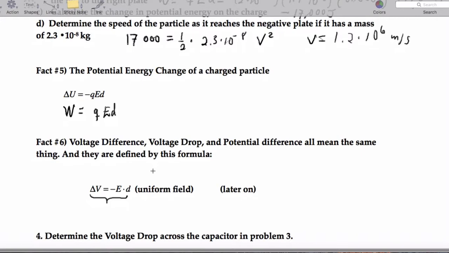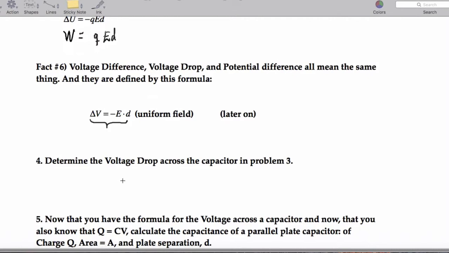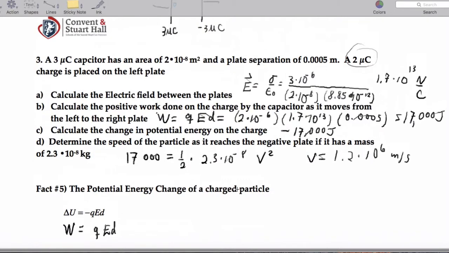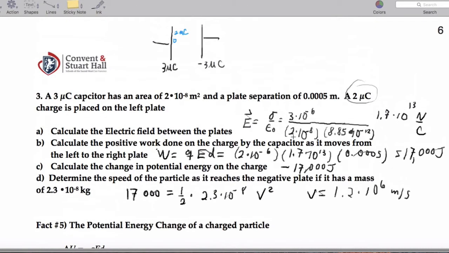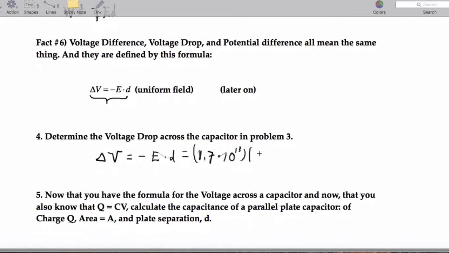So the real definition of voltage, the voltage drop, is actually the electric field times the distance with the negative sign in front of it. So when we want to determine the voltage drop across the capacitor in problem 3, we'll say that the voltage drop is negative E times the distance across the plates, which is going to be 1.7 times 10 to the 13th times the distance between those plates, which is 0.005 meters.